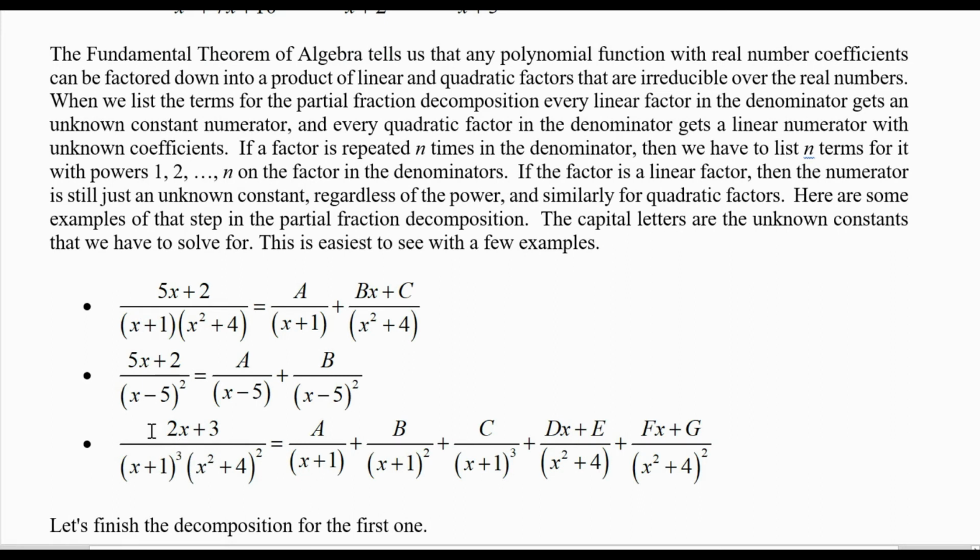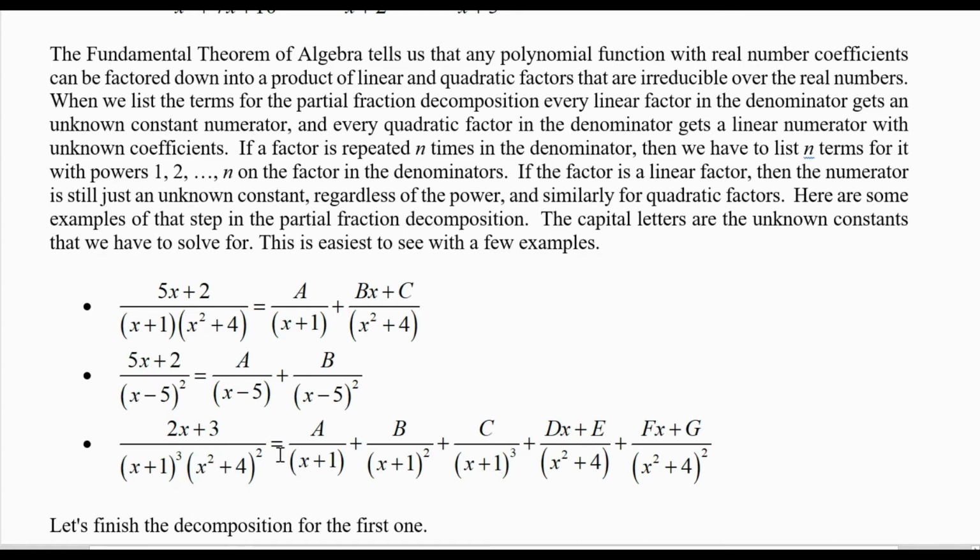This one's got a lot of unknowns, but if you have (2x + 3) over (x + 1)³ times (x² + 4)², well, the (x + 1)³ is going to show up as x + 1, (x + 1)², and (x + 1)³. And the coefficients on top are just A, B, and C, constants, because we have linear factors.